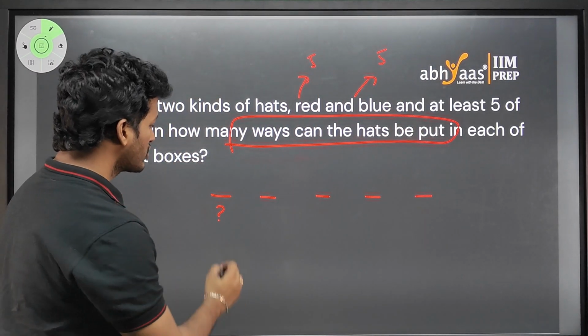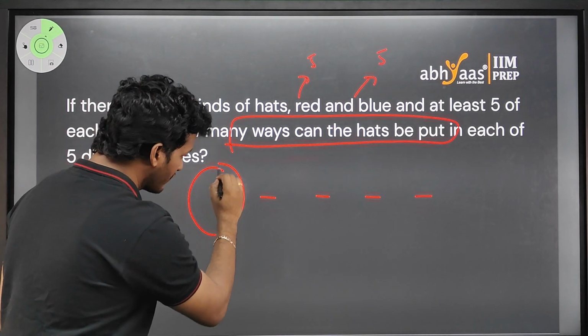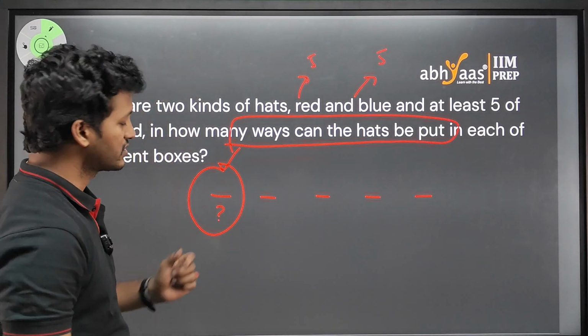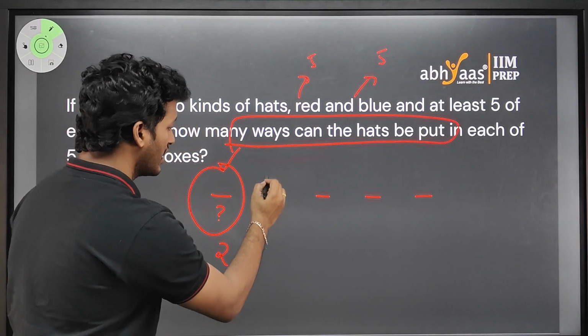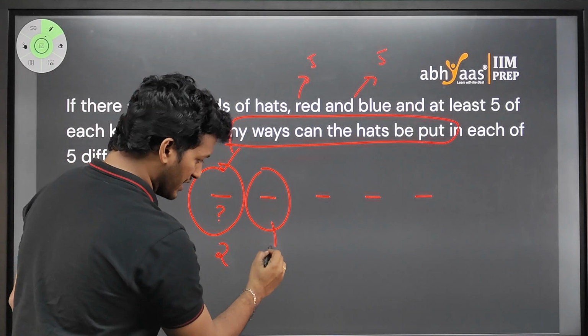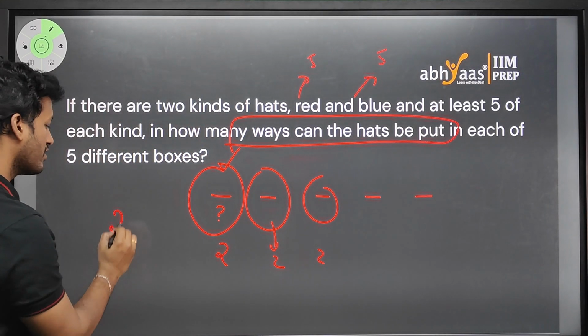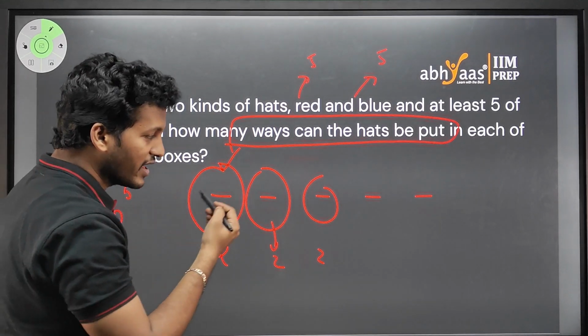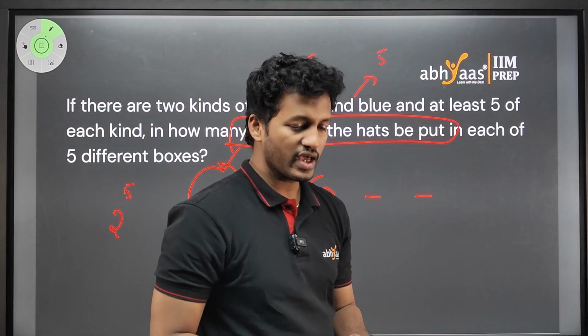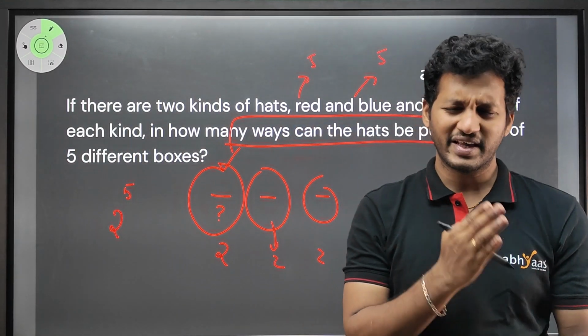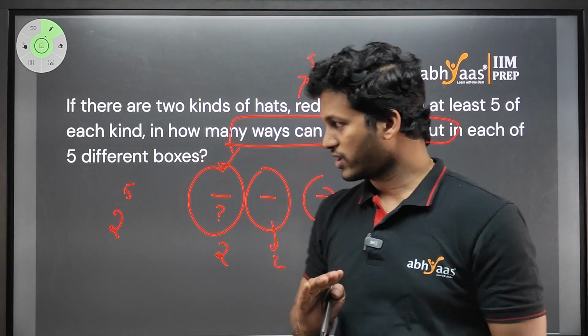So how many ways are there for us to fill the first box? It is 2 ways. Like that for the second box it is 2 ways, and this also 2 ways. Like that we have 2 power 5 ways to fill the boxes. So this is the basic problem of permutation and combination. Why are we discussing this?